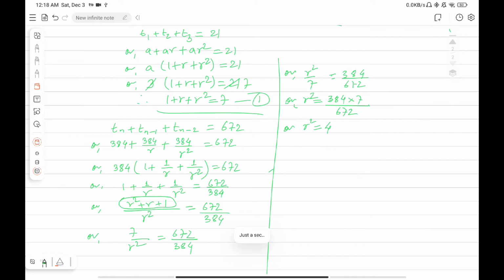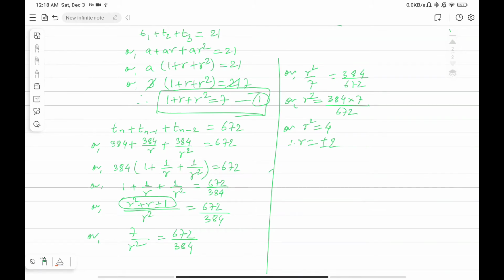Here this equation suggests two solutions. R can be plus or minus 2, but we'll reject the negative value, because our equation 1 says that 1 plus r square must be 7.